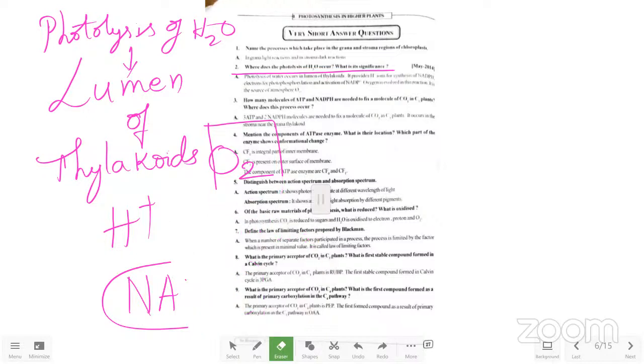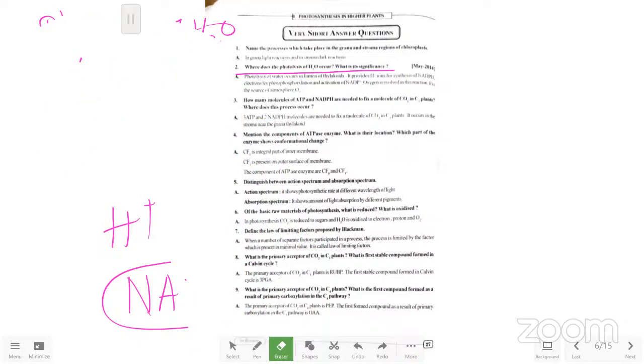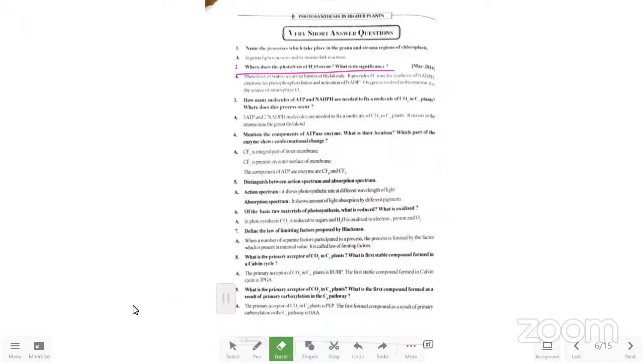And the next one: what is the first stable compound formed during the C3 cycle? And what is the primary acceptor of carbon dioxide in the C3 cycle?